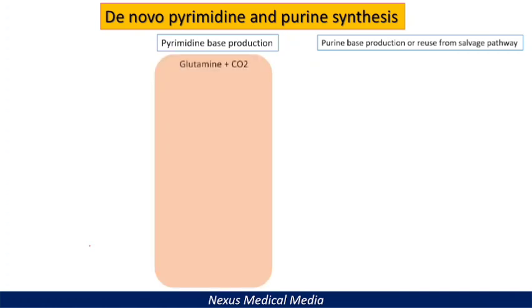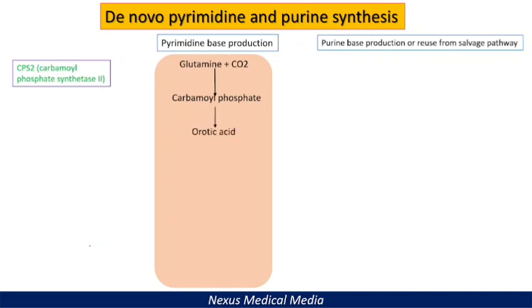Right, so the first step is a combination of glutamine with carbon dioxide, and here we form carbamoyl phosphate. The enzyme for this step is called carbamoyl phosphate synthetase 2. Next we will form orotic acid.